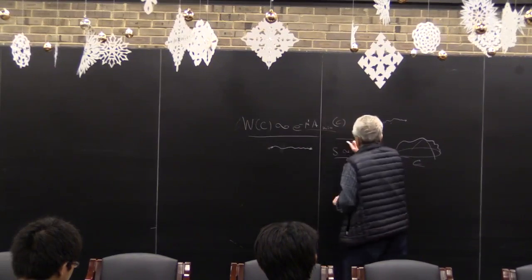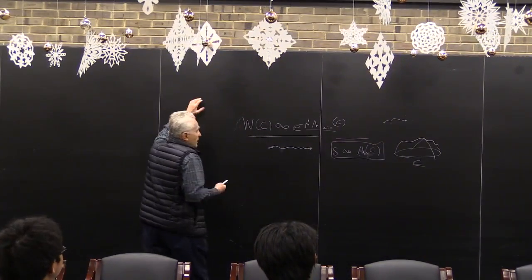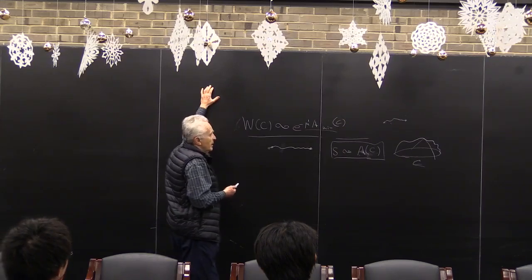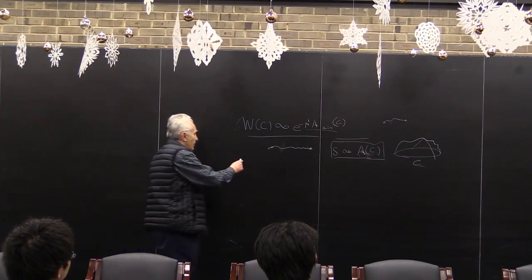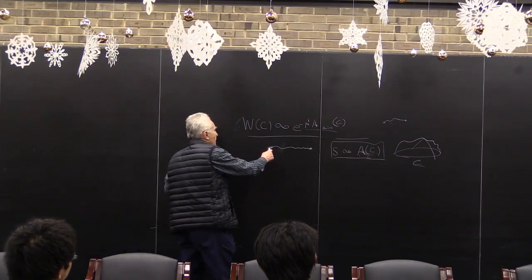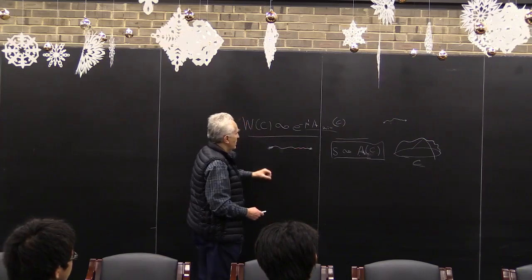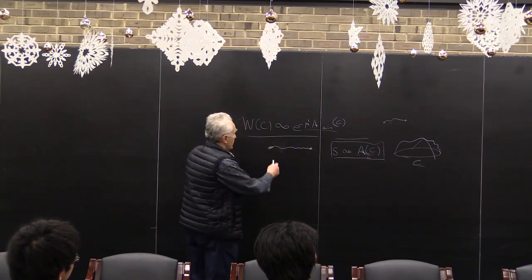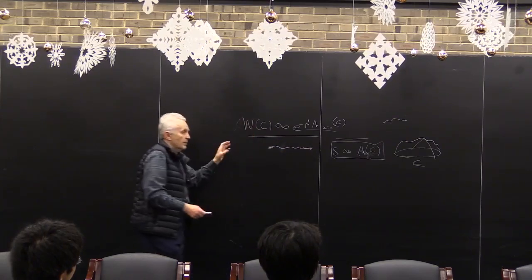Each comes with the action A of C. And physically, it means that the flux lines collimate into the string, and there is an electric flux coming through the string.